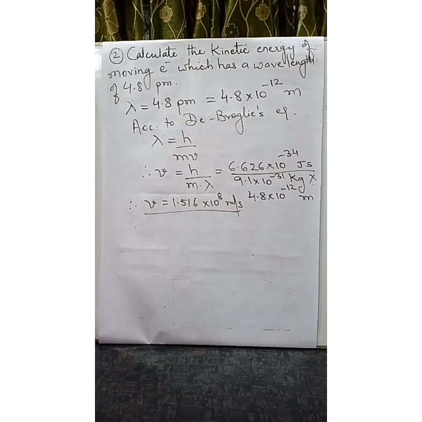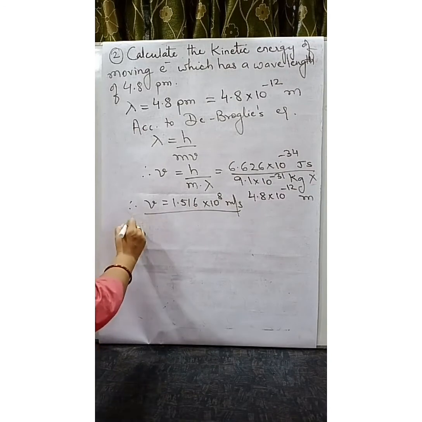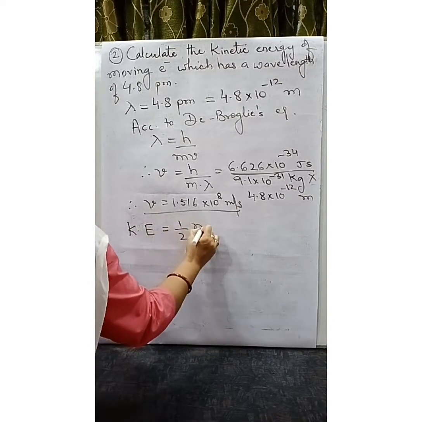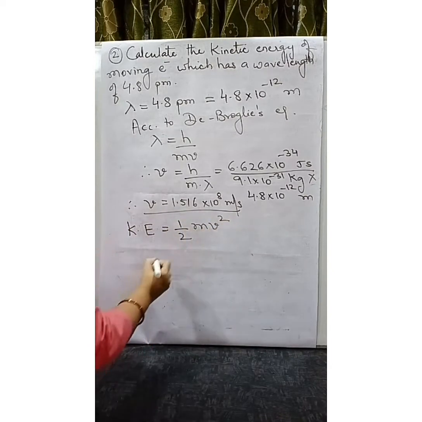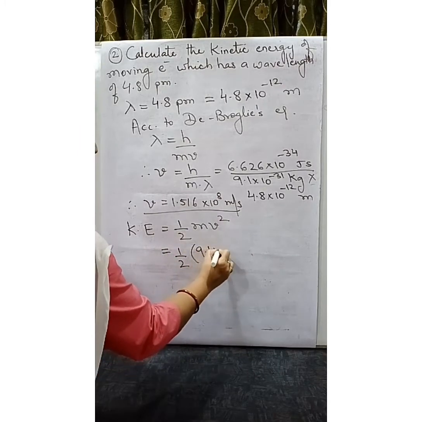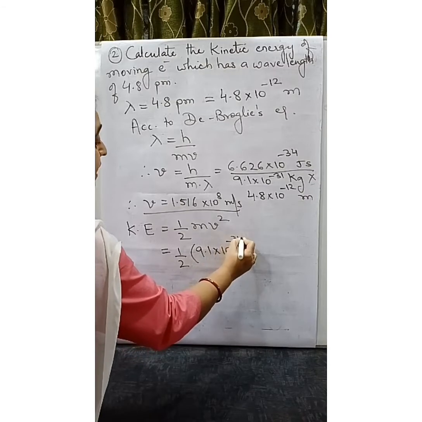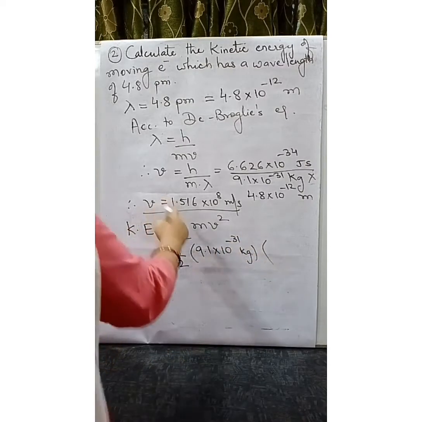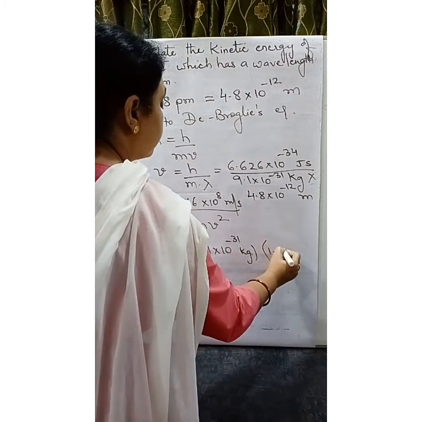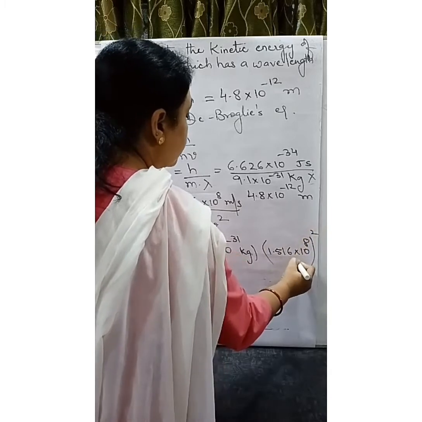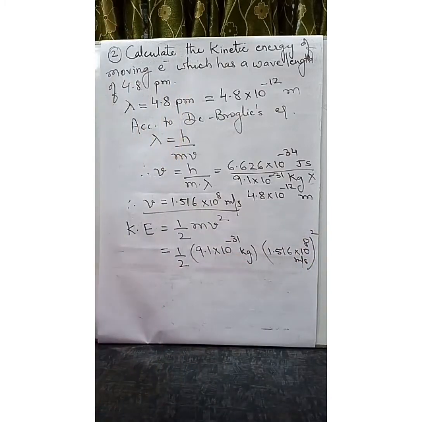Now using this velocity, we have to calculate kinetic energy. You know that kinetic energy is equal to half mv square, where m is the mass of the electron, 9.1 into 10 to the power minus 31 kg, and v is the velocity, 1.516 into 10 to the power 8 meter per second, and whole square.